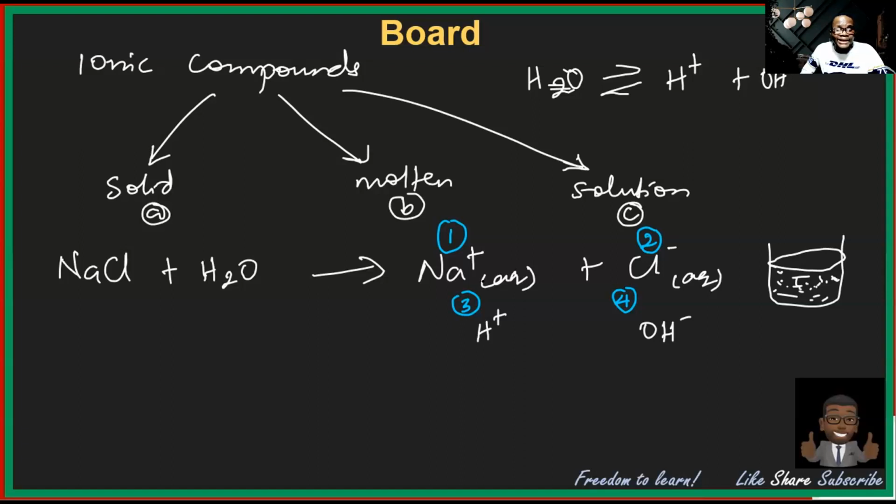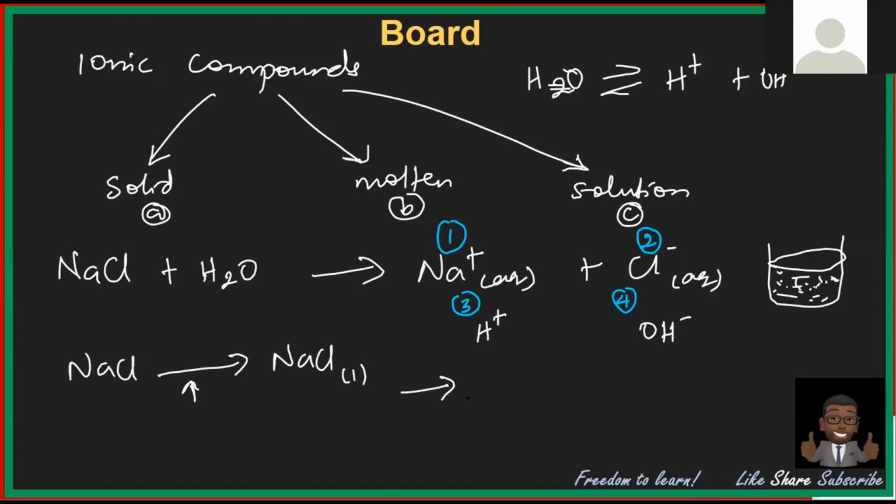Essentially, I'm linking this to electrolysis. In an aqueous compound, you have 4 ions present: 2 ions from the solute, which is sodium chloride, and 2 ions from water itself. What if sodium chloride is heated to form liquid sodium chloride? How many ions will be there?